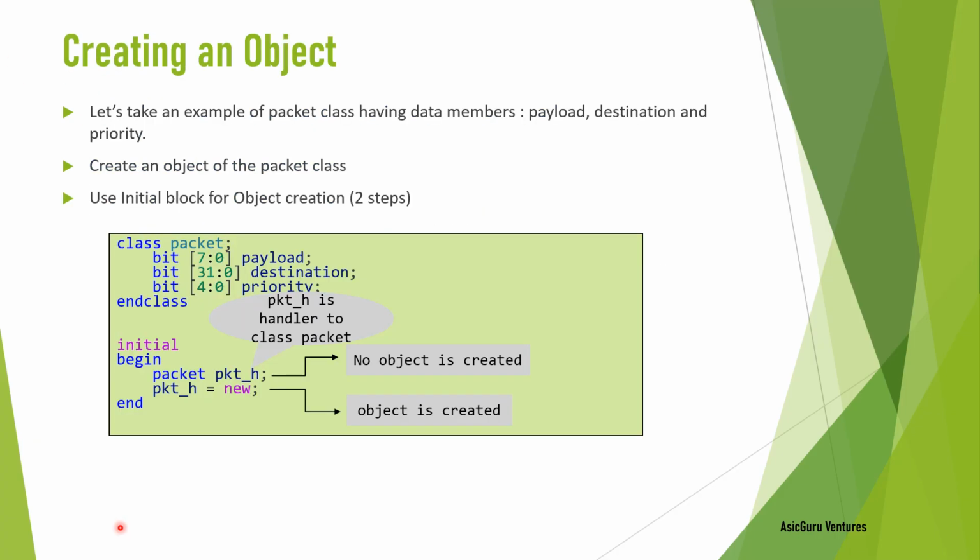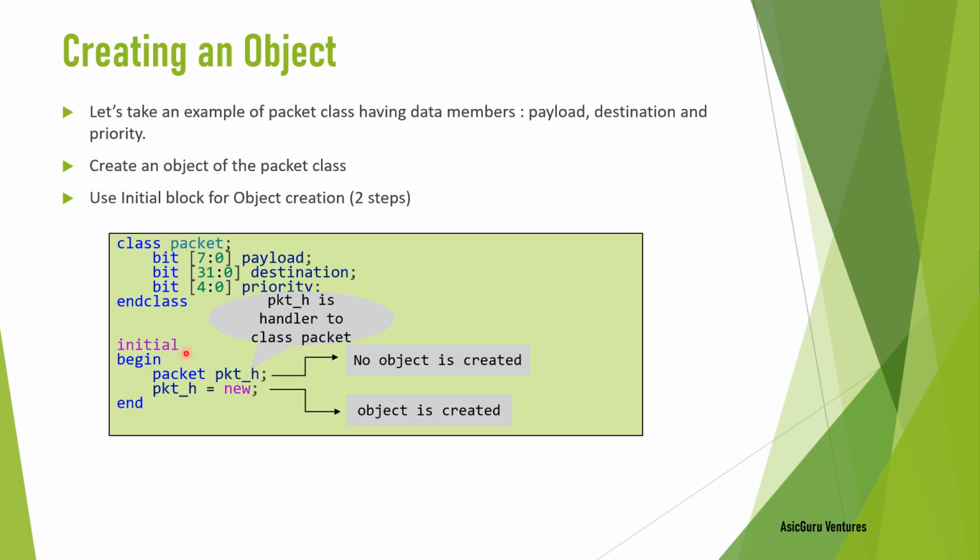Let's now look at how to actually create an object from a class. We are taking the example of the same class packet which contains three data members: payload, destination and priority. To create an object of this class, we are following a two-step process. First, we declare an object handle, and then using the new keyword, we instantiate the object and allocate memory for it.